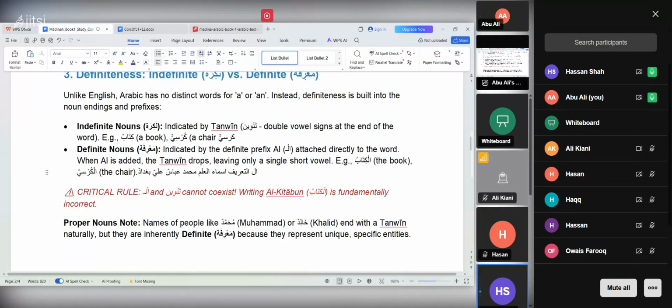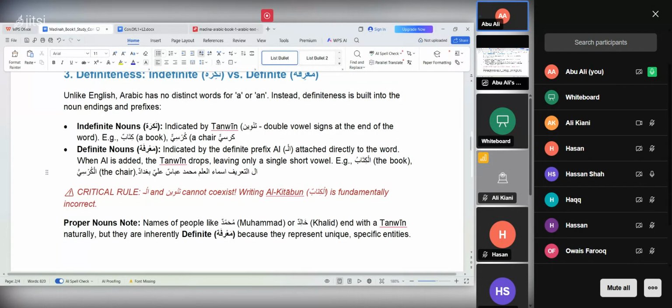Nouns. Can you tell me how you know that the noun is indefinite? It's indefinite if it has a tanween at the end, and if it's definite, it would start with a prefix and wouldn't have tanween.